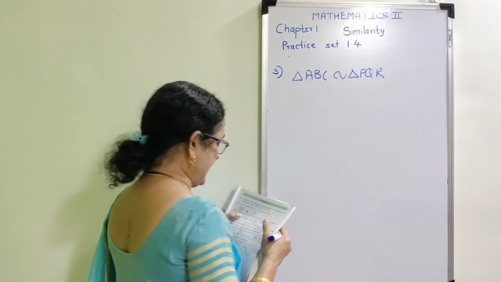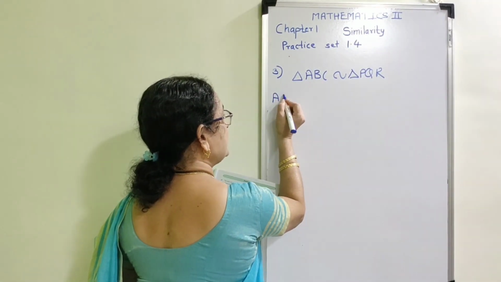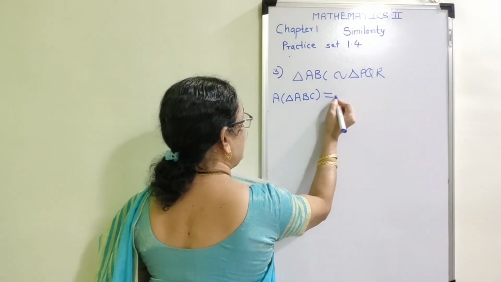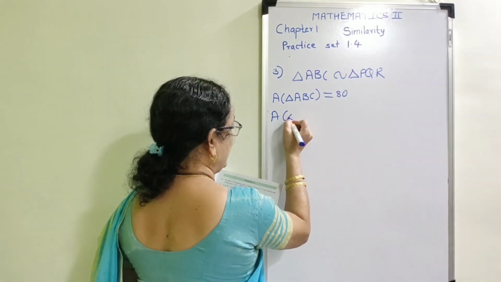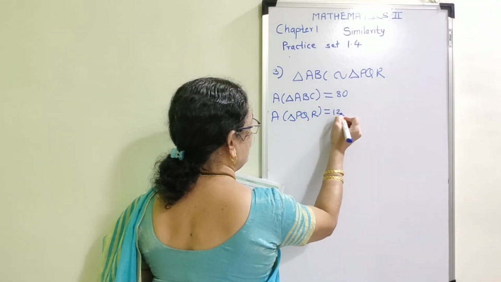And also they have given the two areas of the triangles, that area of triangle ABC is equal to 80, units are not given, and area of triangle PQR is equal to 125.